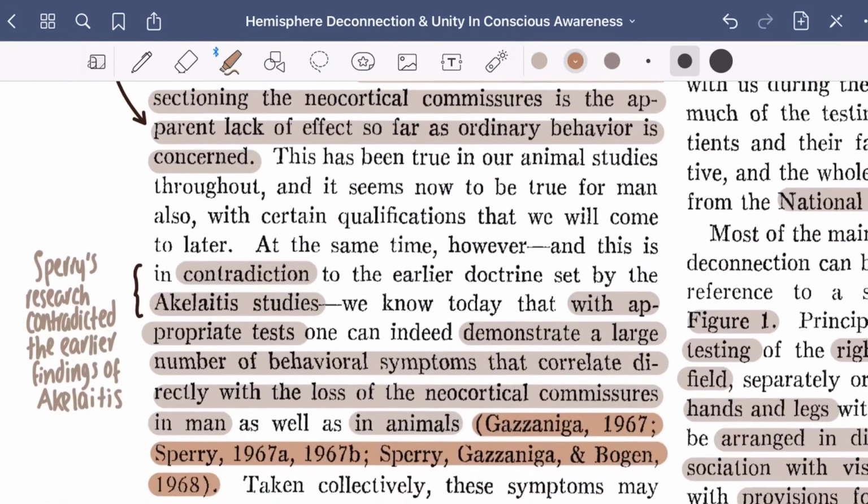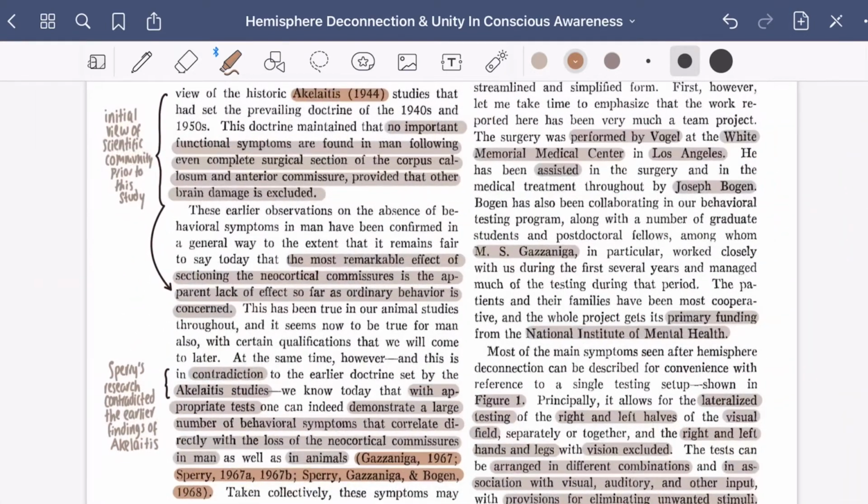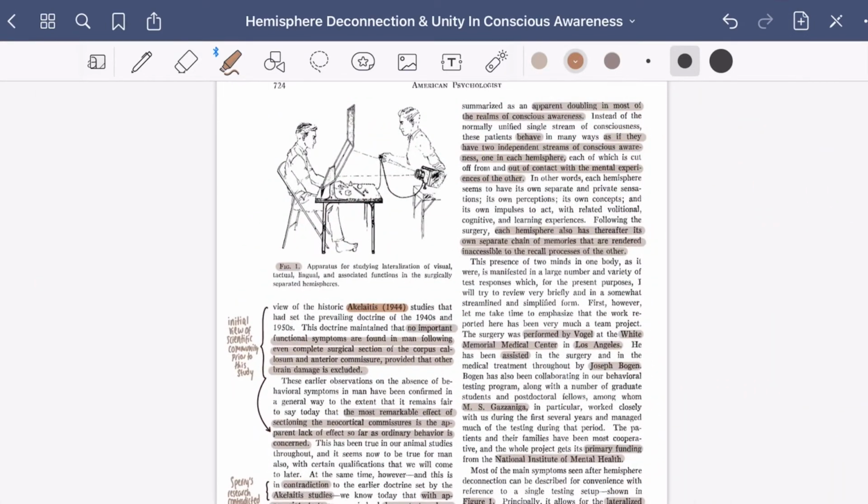And even down here we have the fact that Sperry's research very heavily contradicted the earlier findings. That's going to be really useful for me because sometimes it can be a little bit of a disagreement, but in this case, Sperry completely flipped the pre-established views on its head because he was just that kind of guy.